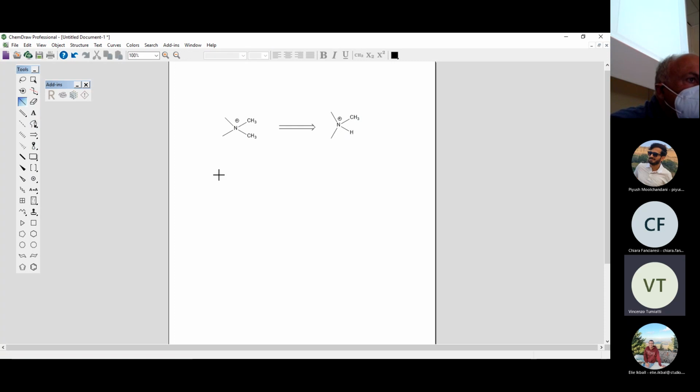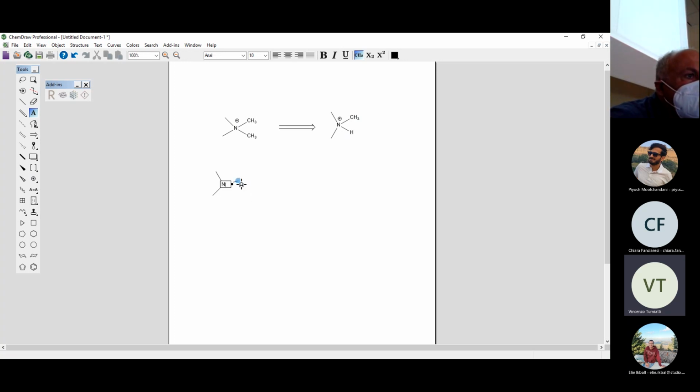What about the different groups that we can insert on the nitrogen atom? If we increase the dimension of the methyl group, we can have antagonistic properties.